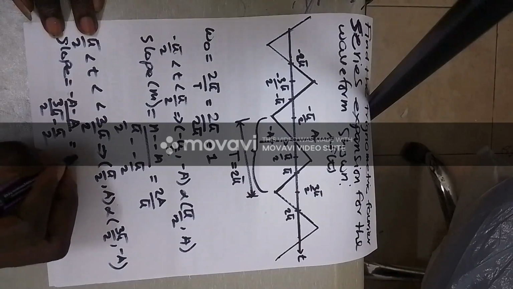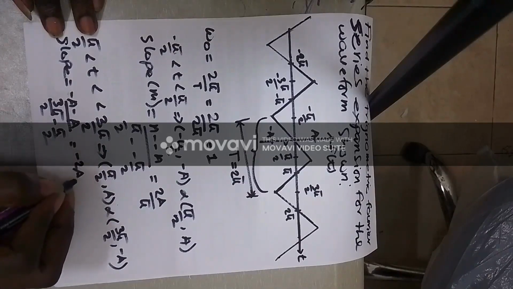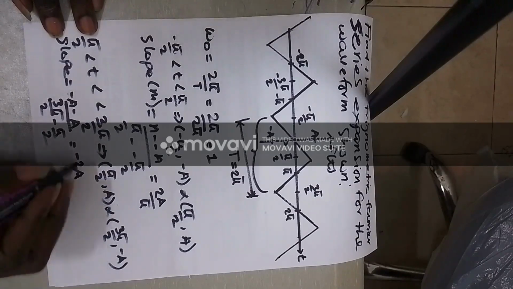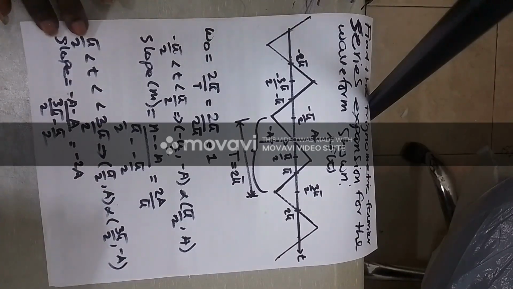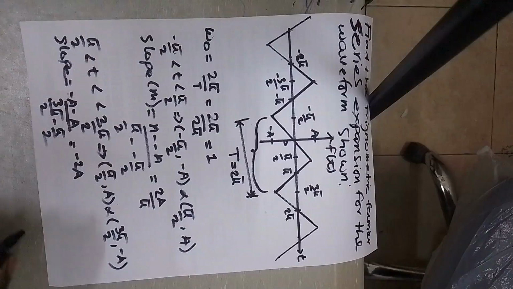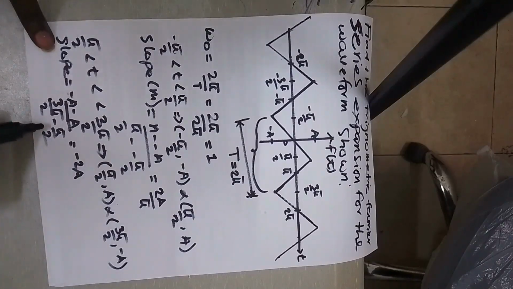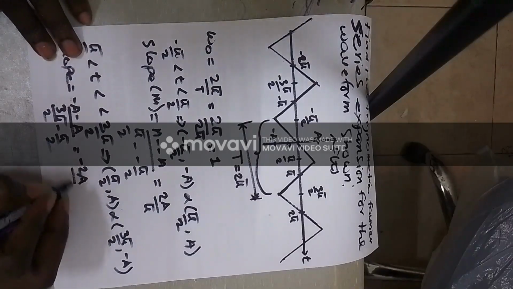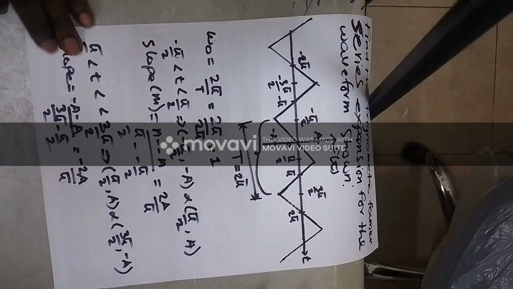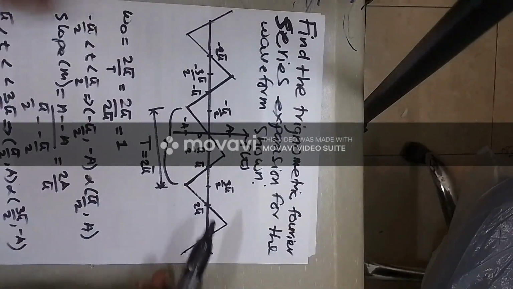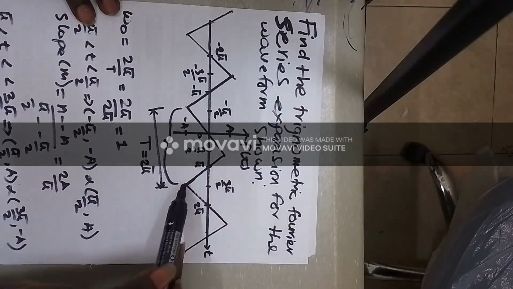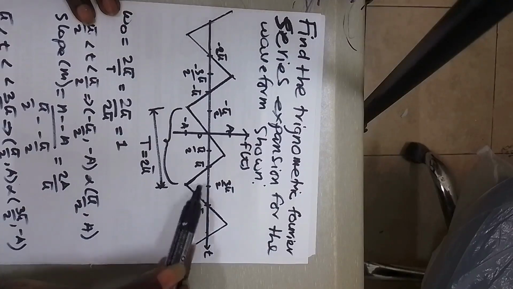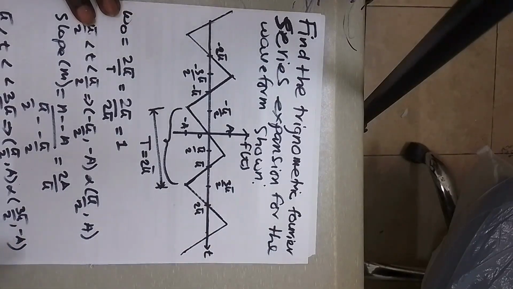That gives me minus 2A over, here 1.5 minus 0.5 is 1, so pi. So minus 2A over pi. That makes sense because our line is starting from here and coming down here, so it's descending. So the slope will be negative, as we have here.